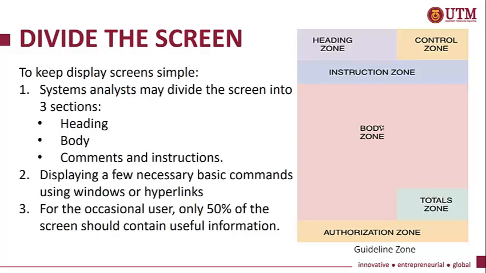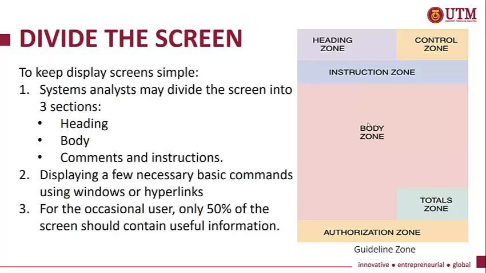The heading zone usually contains the company name or logo and the title and number of the form. The control zone contains codes, identification information, numbers, and dates that are used for storing the completed form. The instruction zone contains instructions for completing the form.